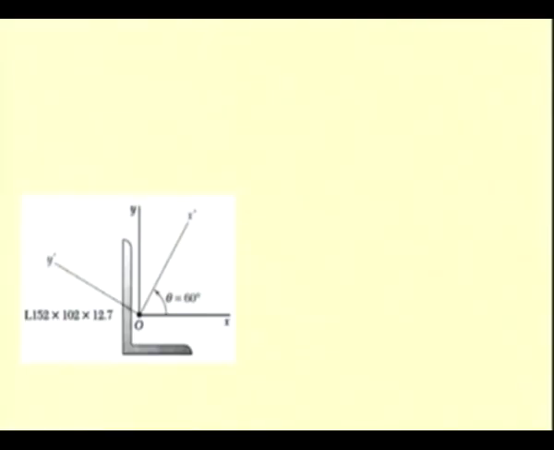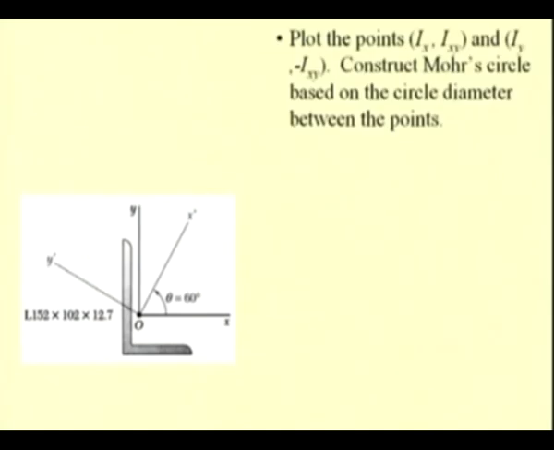First, let us construct the Mohr circle by finding the center and radius of the Mohr circle. For this section we plot this point Ix comma Ixy and the point Iy comma minus Ixy, which are the diametrically opposite points on a Mohr circle.